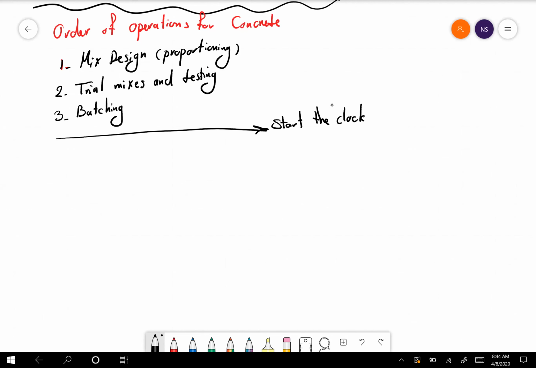What that means is that from here, the timing is very important, because from the time you mix the ingredients together, the hydration process starts, and you need to control how much time after the mixing process you're placing, transporting, and curing the concrete.